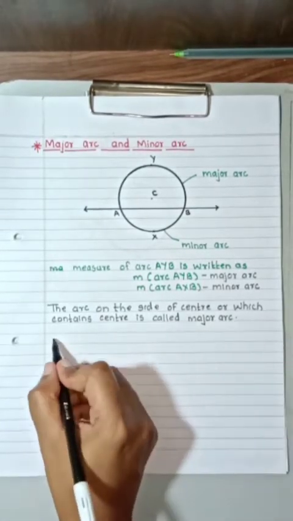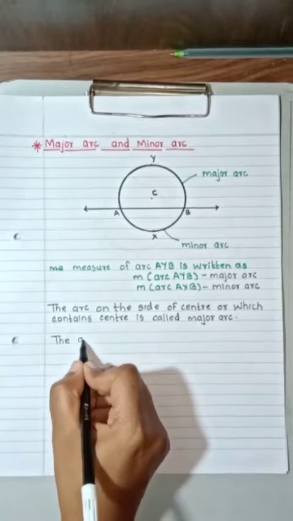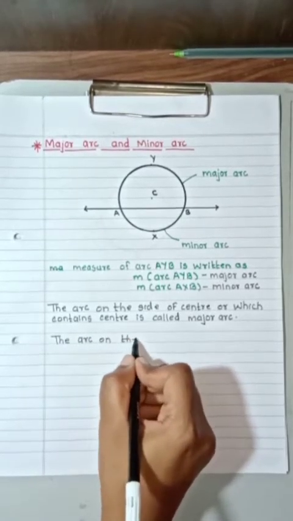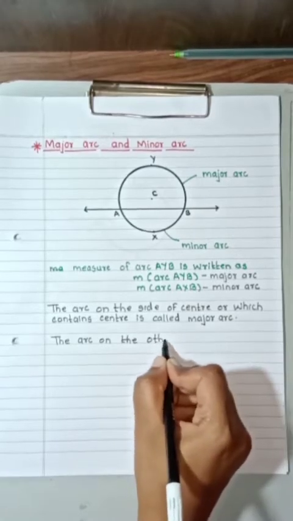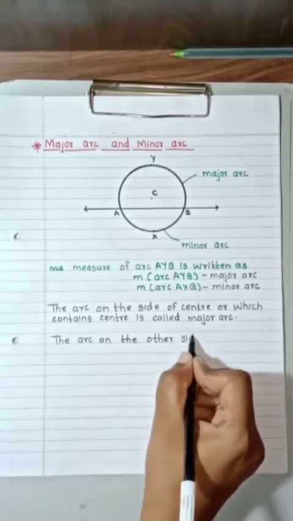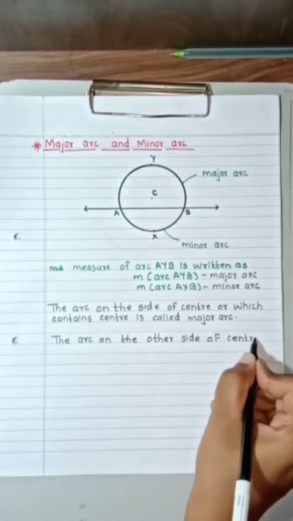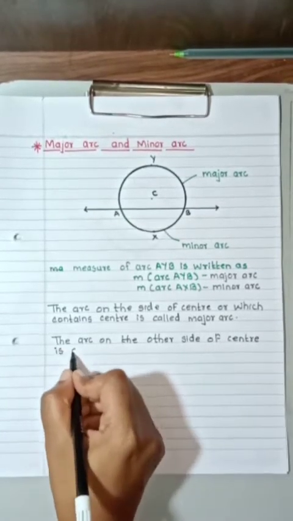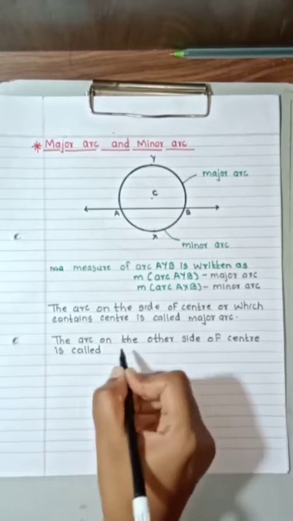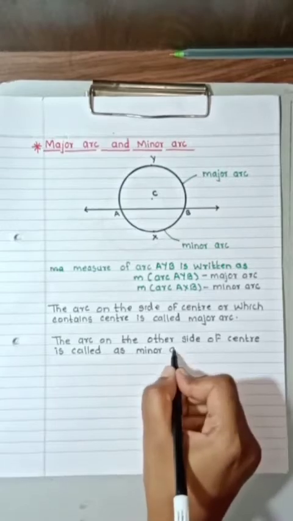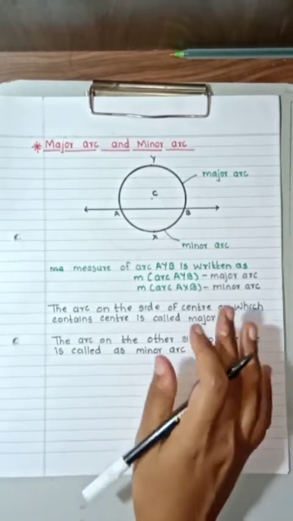Now we'll write what is the minor arc. The arc on the other side of the center is called the minor arc. I hope you all have understood this.